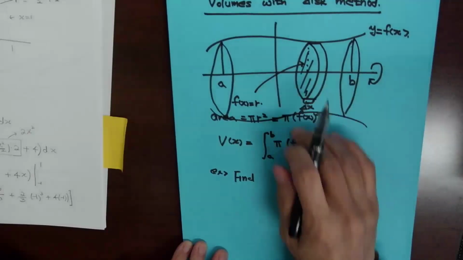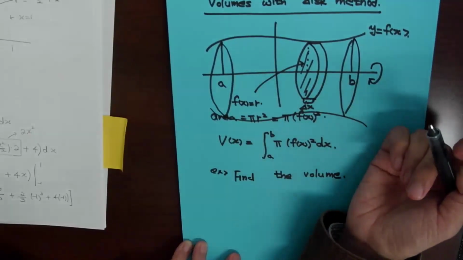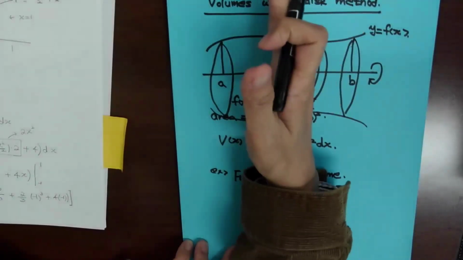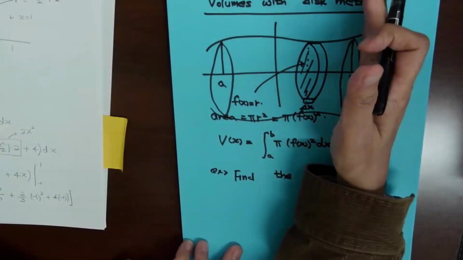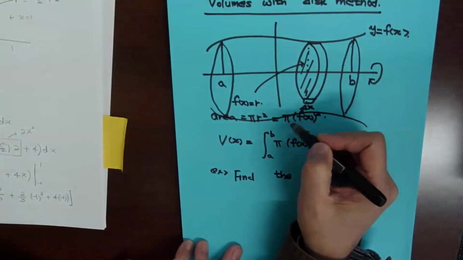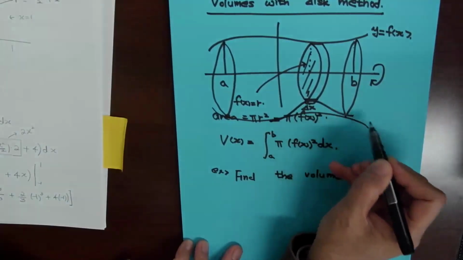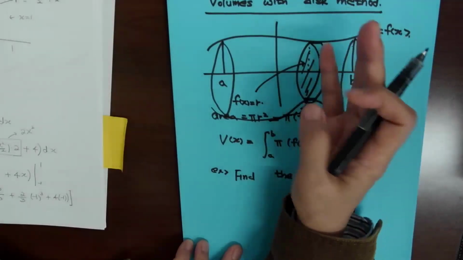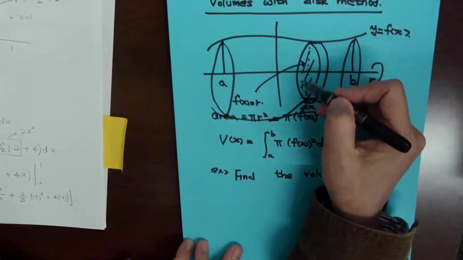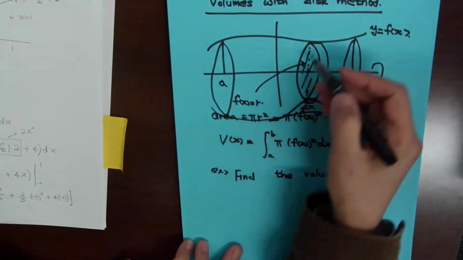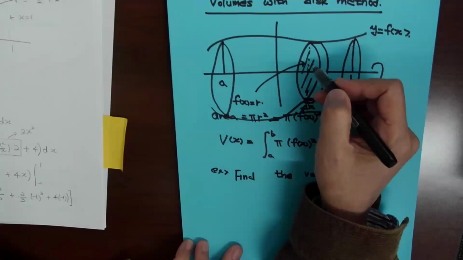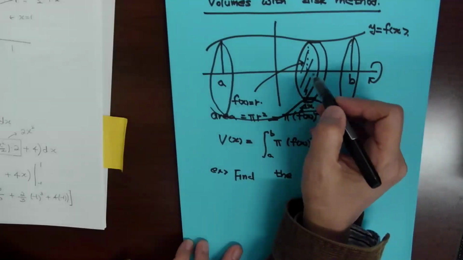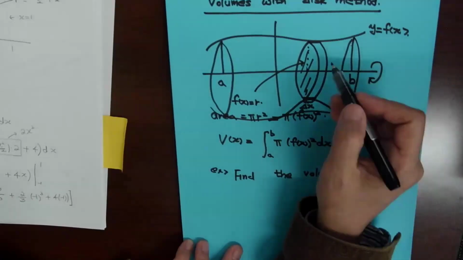Anyway, we will dissect the object like this, and then we will have a cylinder with this area, with the radius of the function value, right?